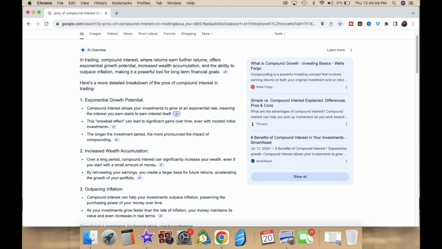And then some pros of compound interest. Of course, you have the exponential growth potential, increased wealth accumulation, and outpacing inflation, which is what I just talked about. So, as your account grows, lot sizes will grow, and you can actually beat inflation.